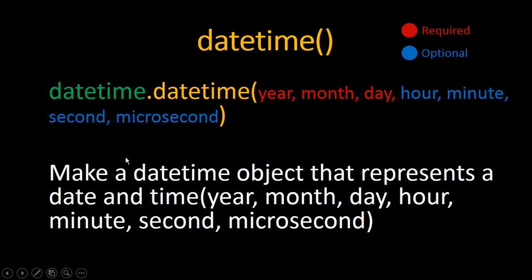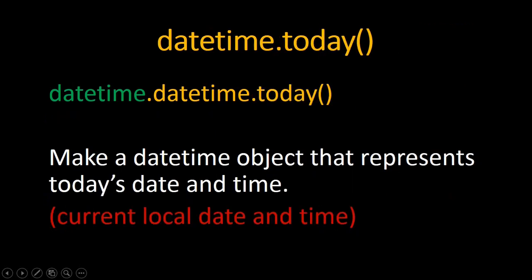This will make a datetime object that represents a date and a time: year, month, day, hour, minute, second, and microsecond. This is the first main way to do it, and you have a second main way, which is by putting datetime.today. What will this do?